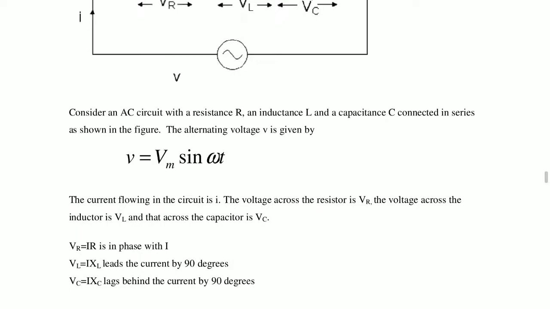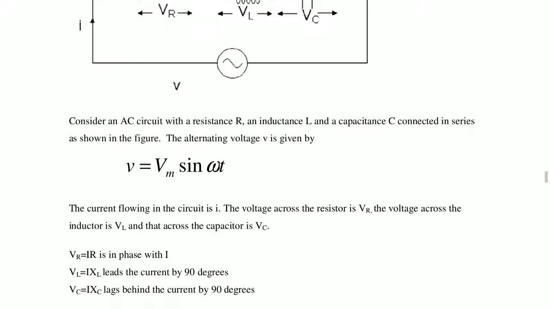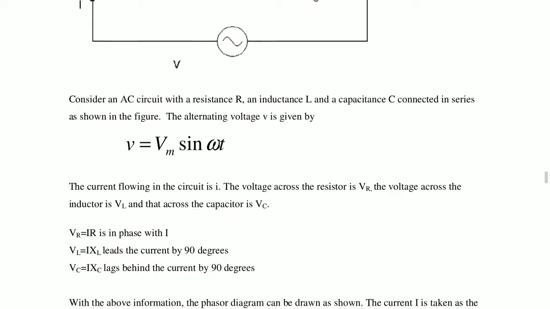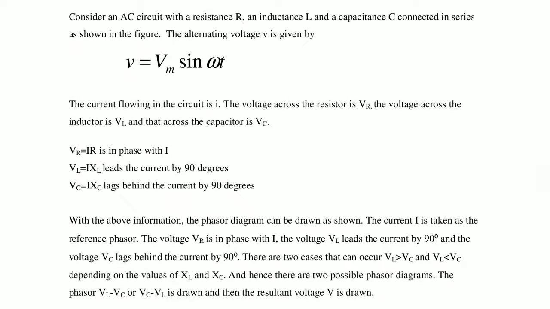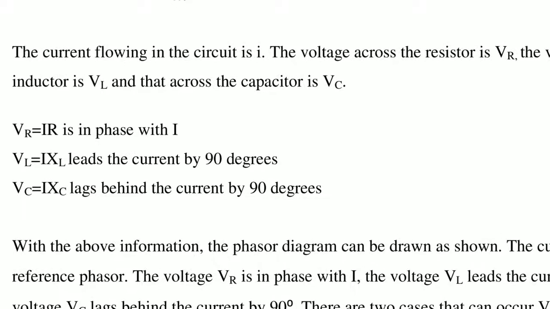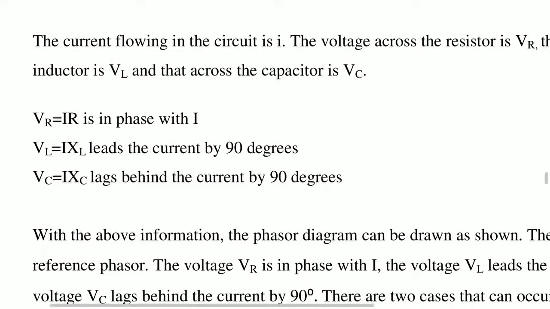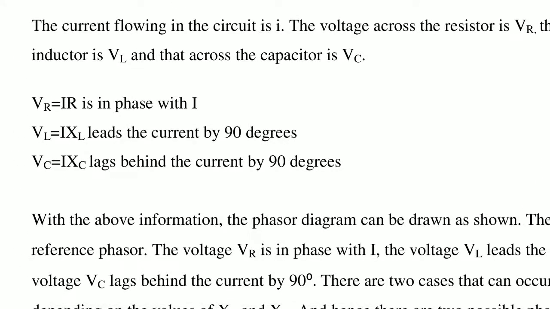So these are written: VR is equal to I into R, so VR is in phase with I. VL is equal to I into XL, that means VL leads the current by 90 degrees.